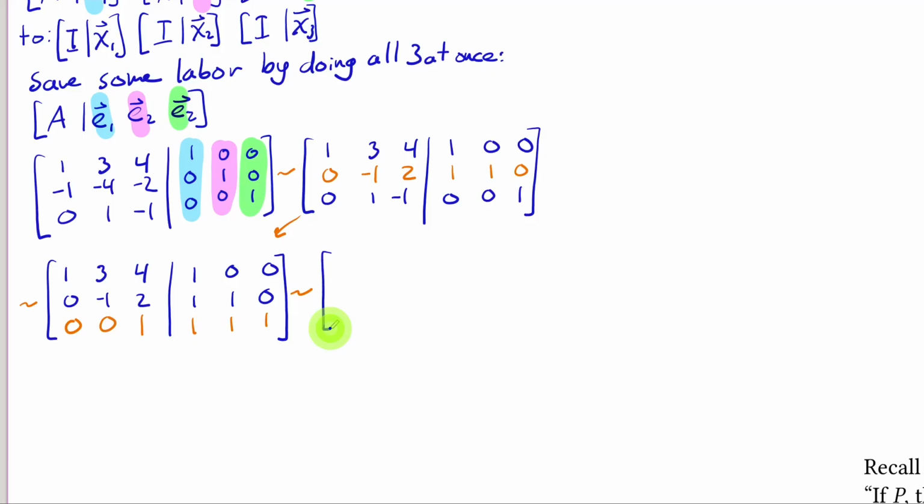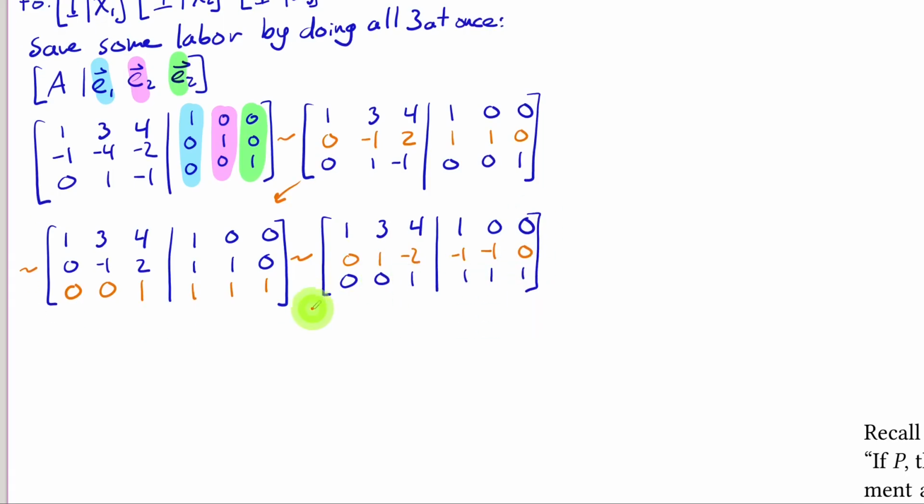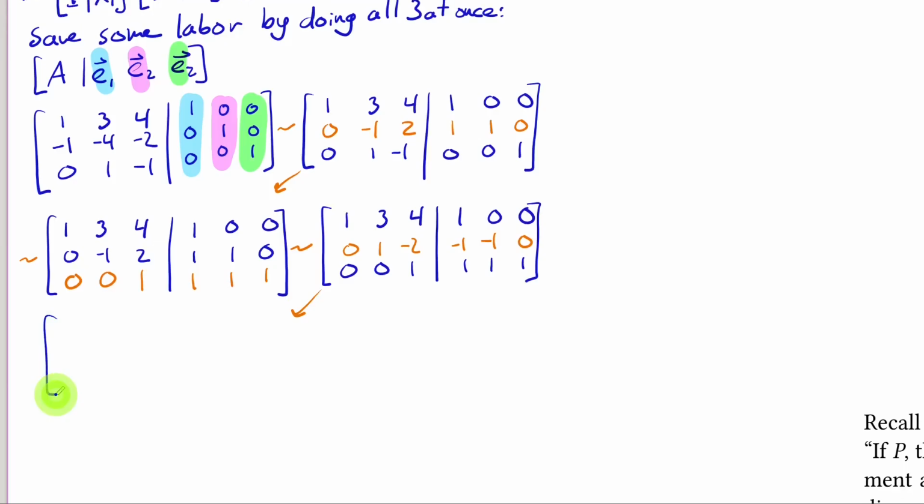Then let's scale row 2 by -1. Then let's clear out this 3 by doing -3 row 2 plus row 1 to replace row 1.